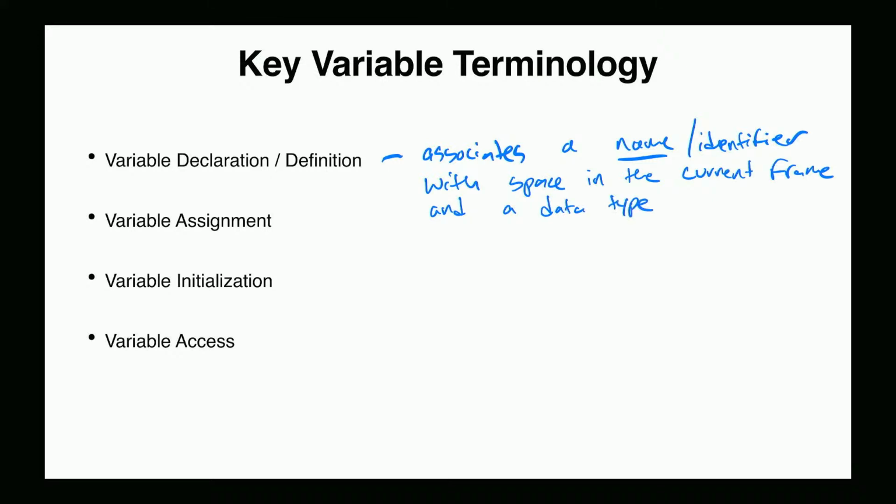So just like parameters, when we declare a variable, we're saying this name is going to refer to something of type int or string or bool or tuple or other types that we'll explore, and some types that we'll even be able to invent on our own, right?